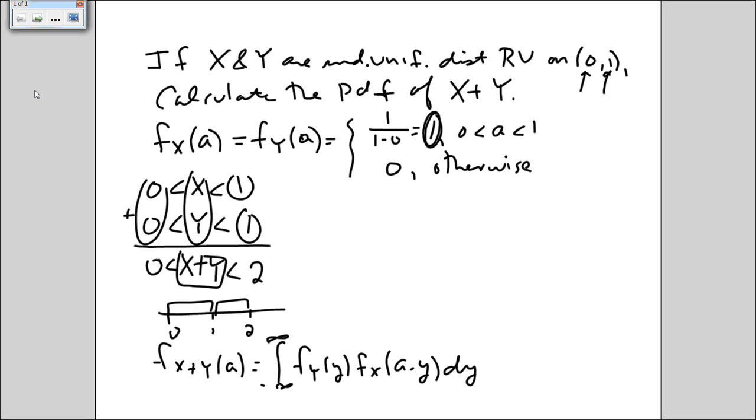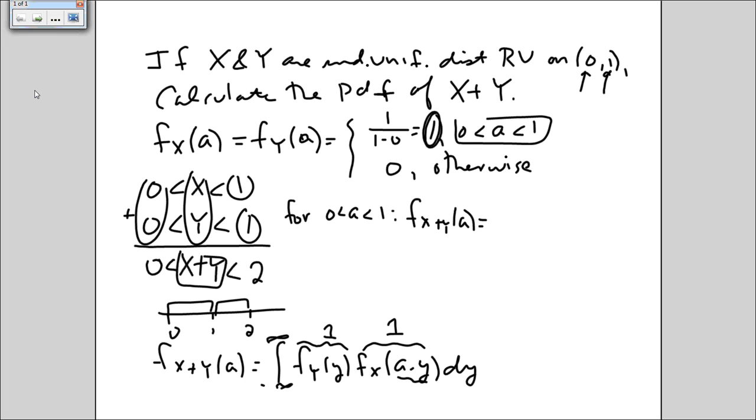Alright, so now, for a between 0 and 1, we have that f sub x plus y of a is equal to, now, both of these are 1. Fx of anything is 1, as long as the anything is between 0 and 1.